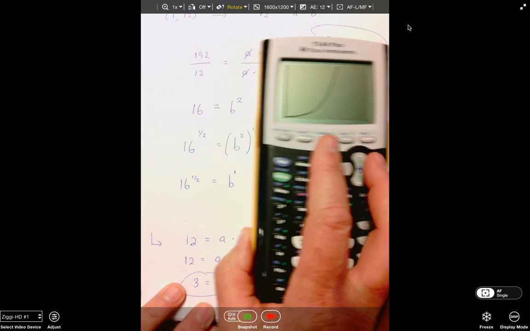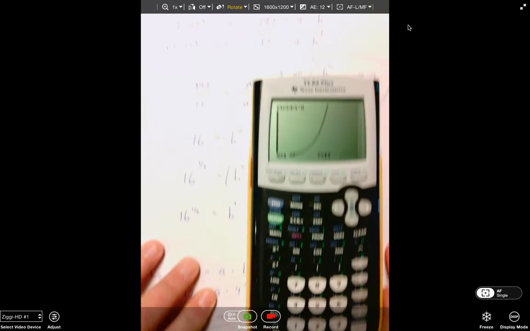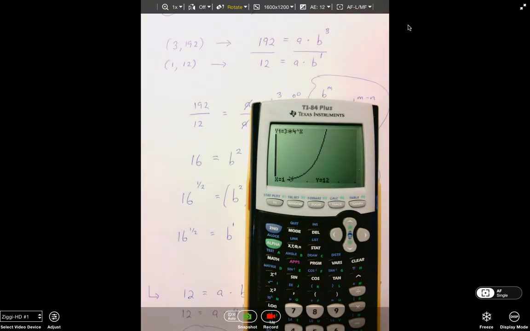Now I can use the calculator to check to see if my answer is plausible. Now, again, right here, there's a calculator key called calc. So if I go calc, last time I went there, I did it to get the intersection, but now I can actually take a function that I have in my calculator and use value. So value is 1. So when x is 1, I better get 12, right?